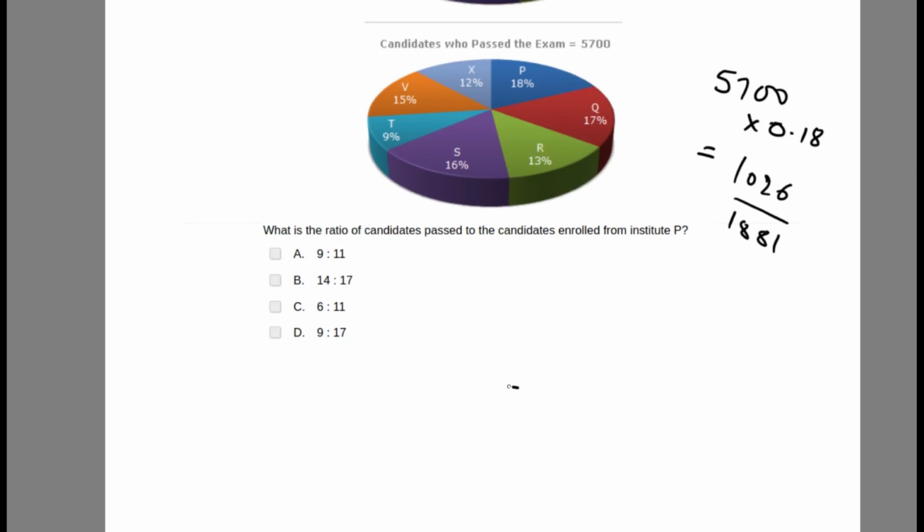So the ratio is 1026 divided by 1881. We have to reduce this to one of the options.